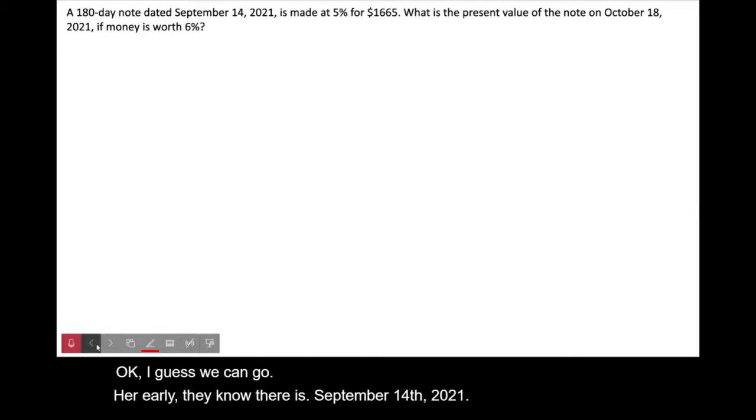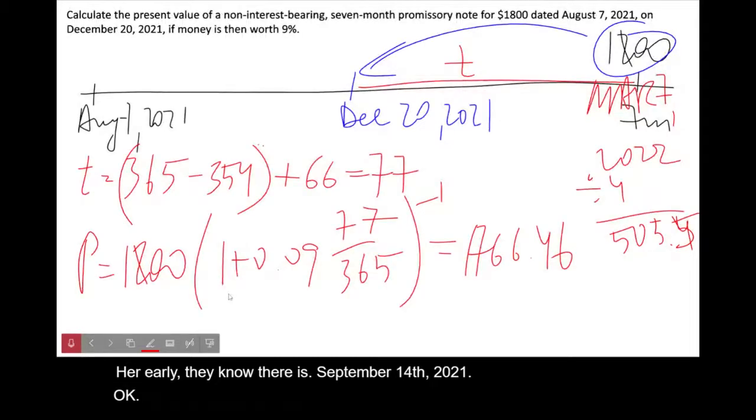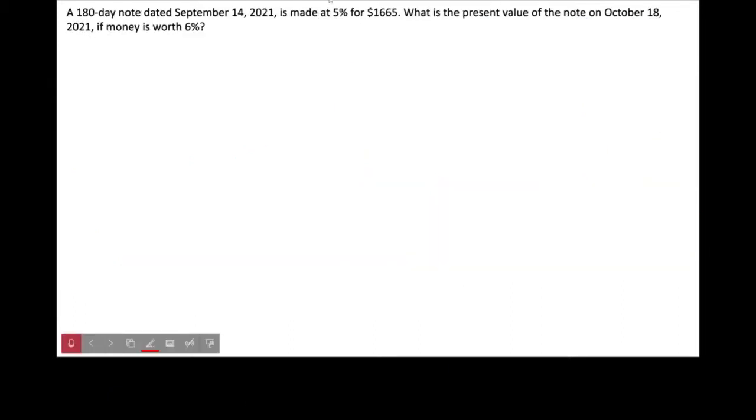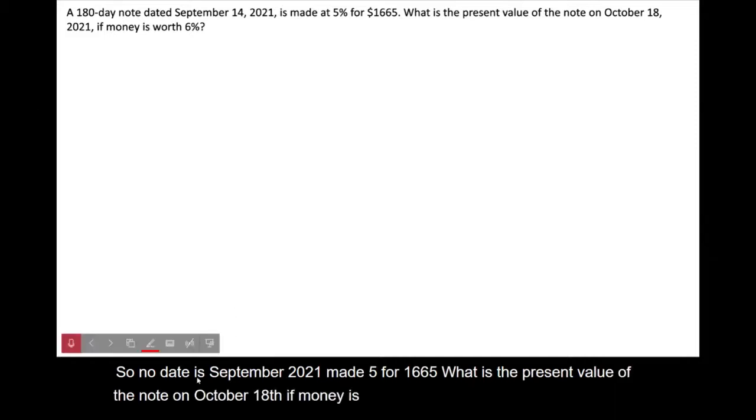Okay, I guess we can go. A 180 day note dated September 14, 2021, made at 5% for 1665. What is the present value of the note on October 18 if money is worth 6%?